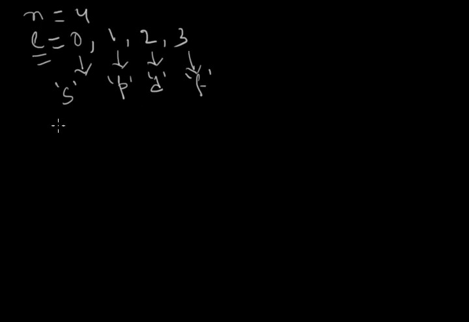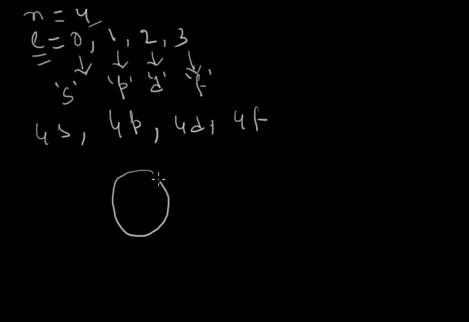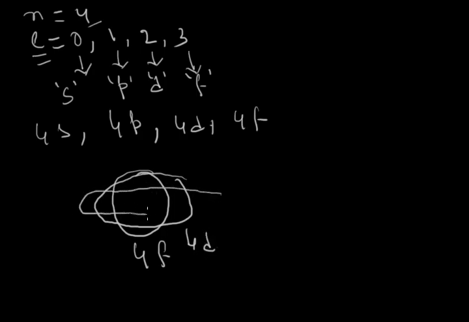So, 4 types of sub-energy levels are possible with principal quantum number 4. That is 4s, 4p, 4d, and 4f. Actually, 4f is circular. 4d is elliptical. 4p is more elliptical.